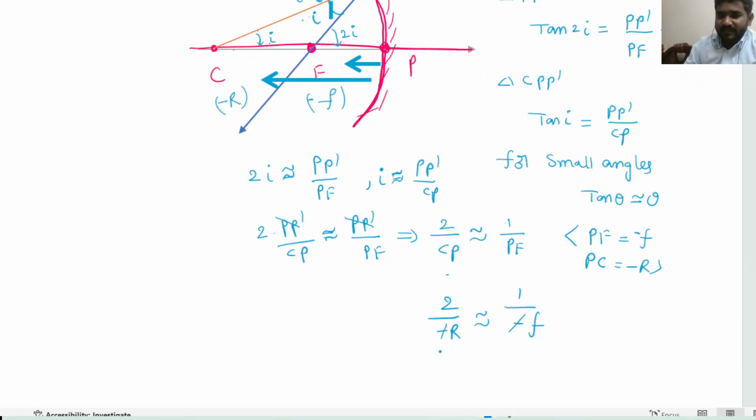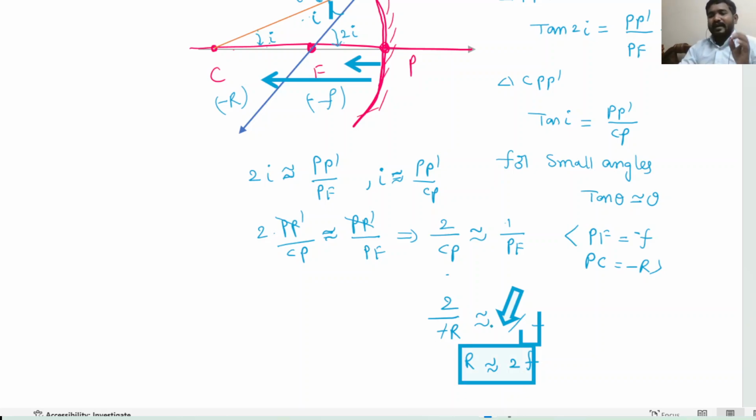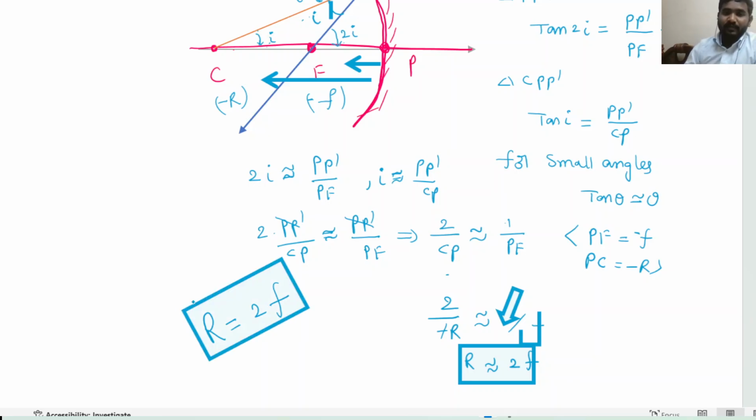Now the minus signs get cancelled. Therefore, the radius of curvature r is approximately equal to 2 times the focal length. From the paraxial rays point of view, the radius of curvature of a given curved mirror equals 2 times the focal length of the mirror. Okay.